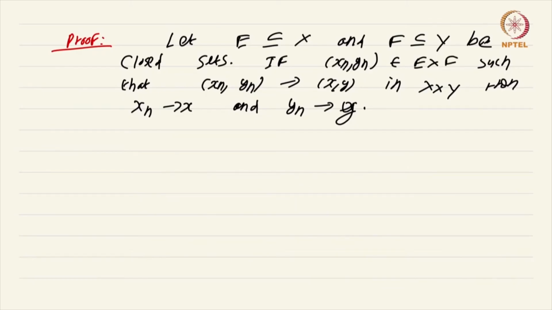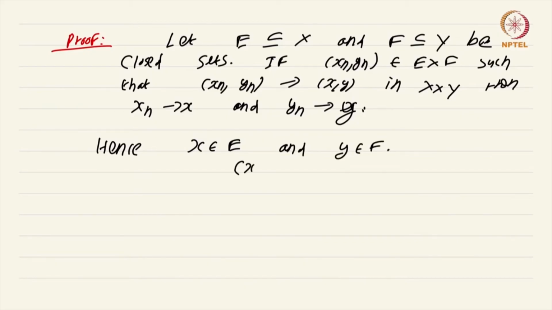Because E and F are closed, we must have x is in E and y is in F. That's just because E and F are closed sets.